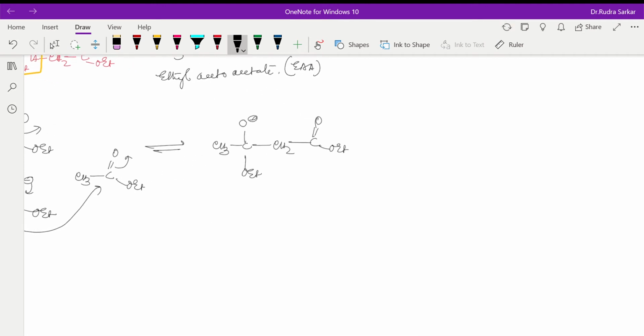Okay, think of a proton exchange or transfer. Then we get, not this, sorry, this will come back and that will go away. So we will be getting something like this.